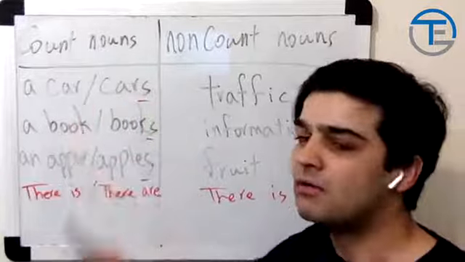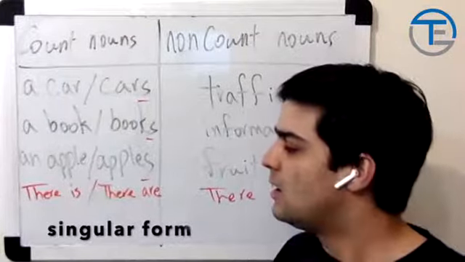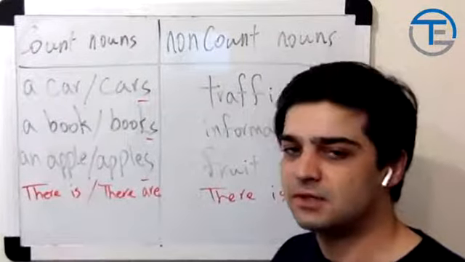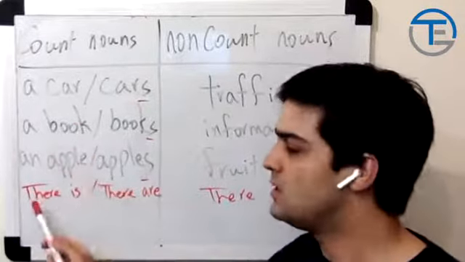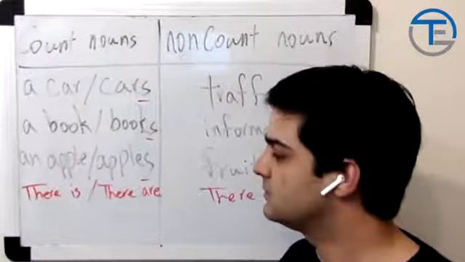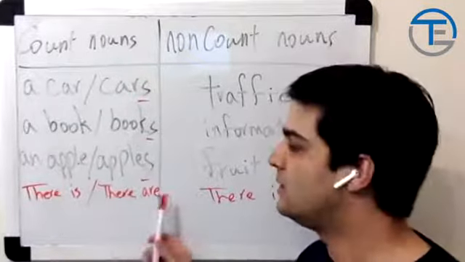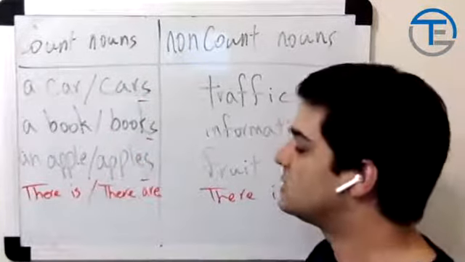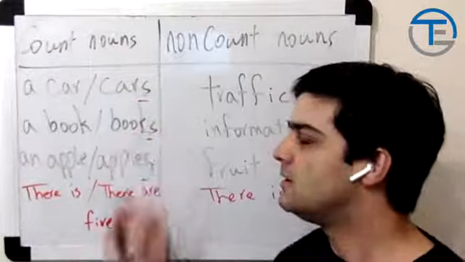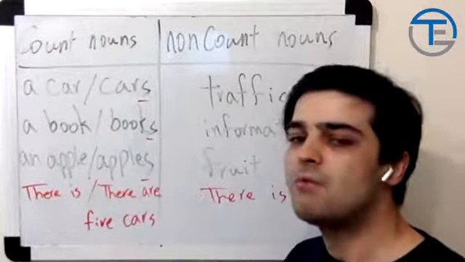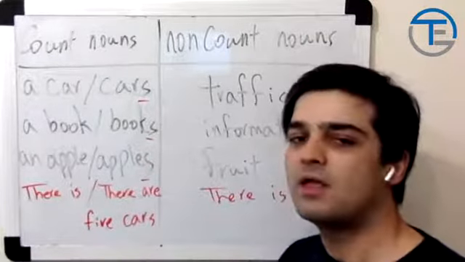With count nouns, in the singular form, you can say there is a car, there is a book, there is an apple. In the plural form, you can say there are 5 cars, there are some books, there are a couple of books, there are 10 apples.